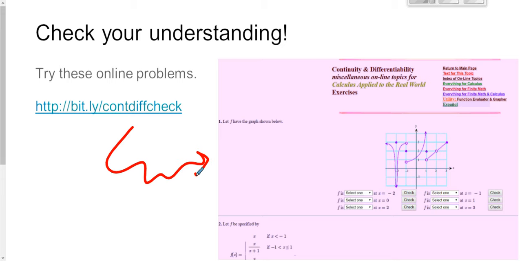You'll see what I screenshotted here in purple, and just do the questions. Along the way, it has a lot of places where they say check and see how you're doing. If you get most or all of it right, great, you're done. You don't need to worry about continuity and differentiability in terms of your review. However, if it goes poorly, listen to this video again, try the problems again, and go back to your math analysis videos on continuity and differentiability for a refresher, because we want you to start the year out strong and on the right foot.